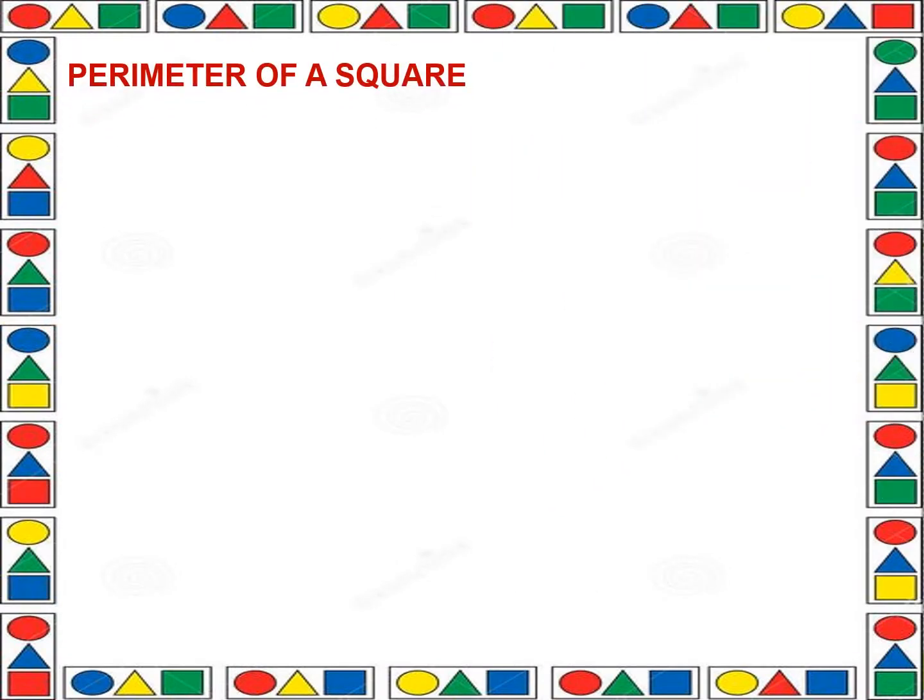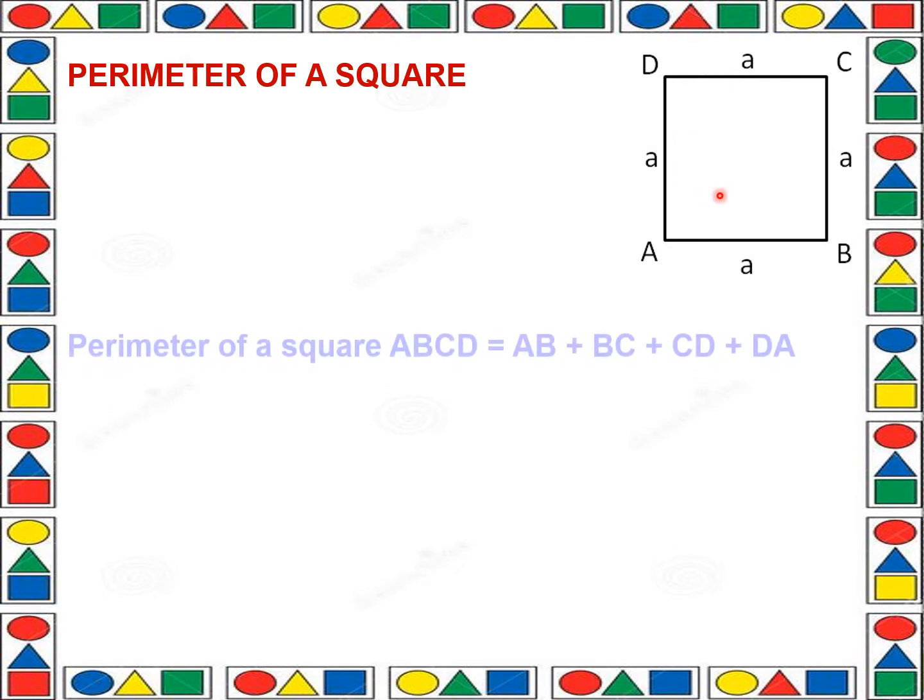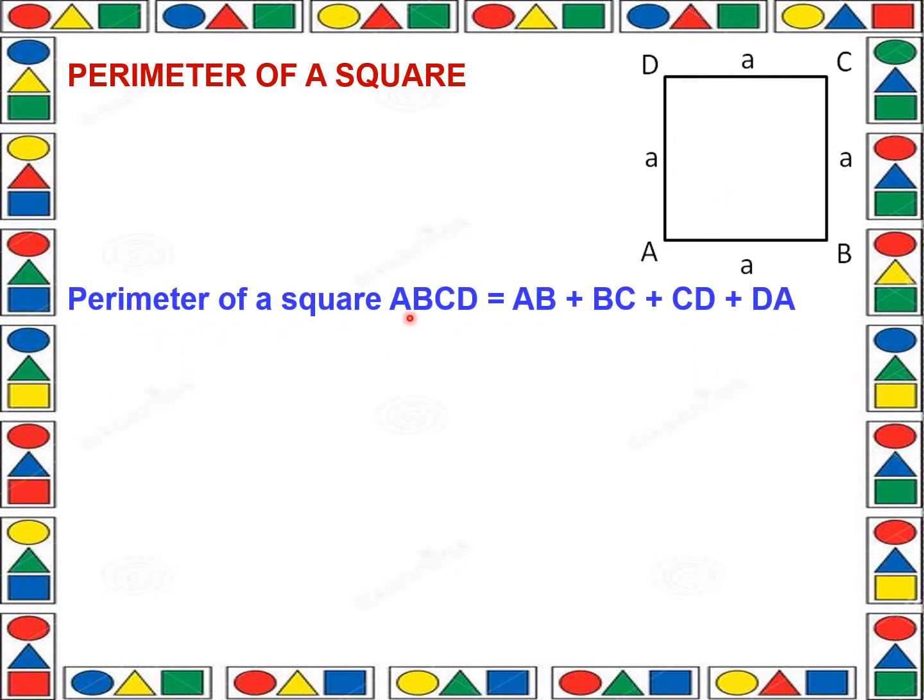Now we will learn the perimeter of a square. This is a square. In a square all sides are equal. So the perimeter of square ABCD equals AB plus BC plus CD plus DA.